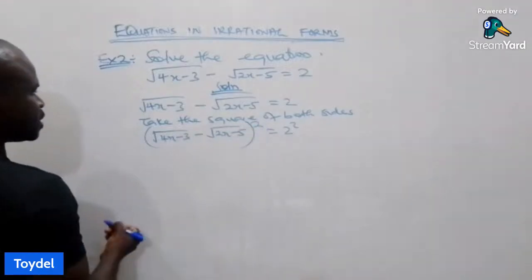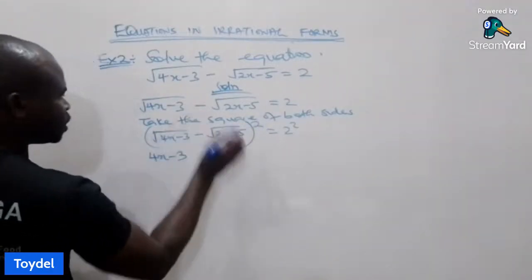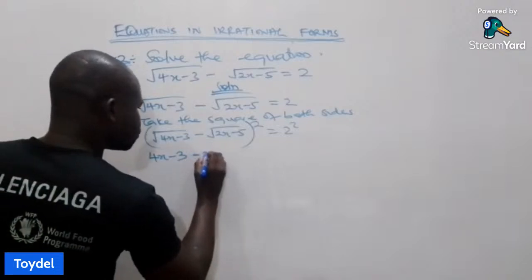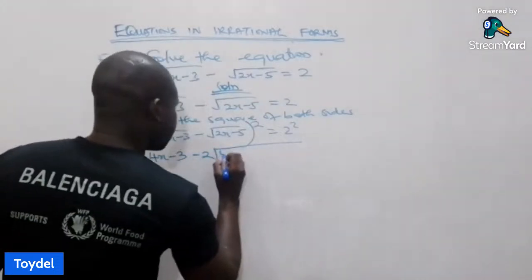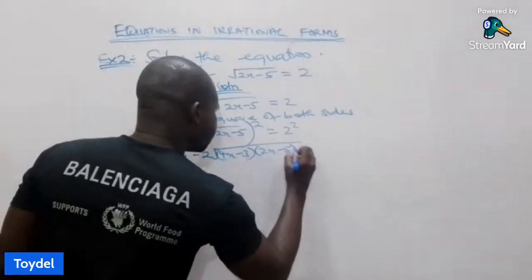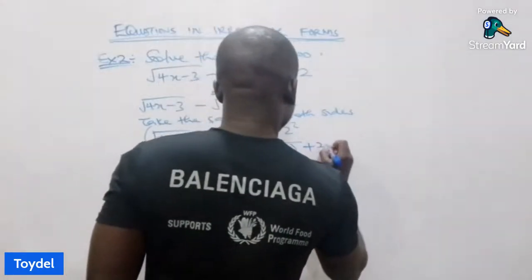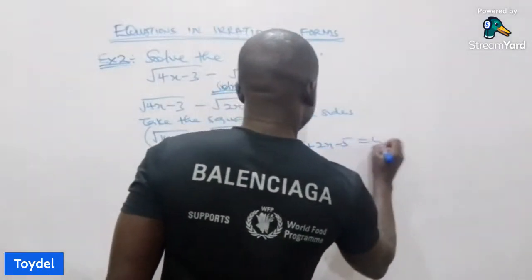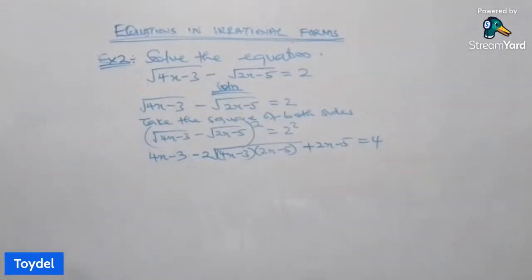So if I expand this now, I'm going to have 4x minus 3 minus 2 square root of 4x minus 3, then 2x minus 5, then plus 2x minus 5 is equal to 4. If I expand this, this is what I'm going to get.